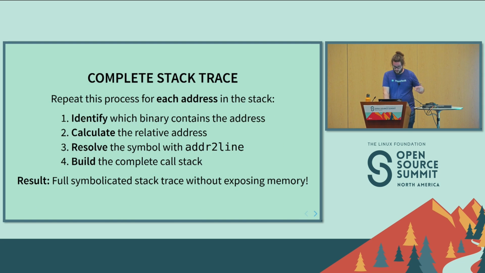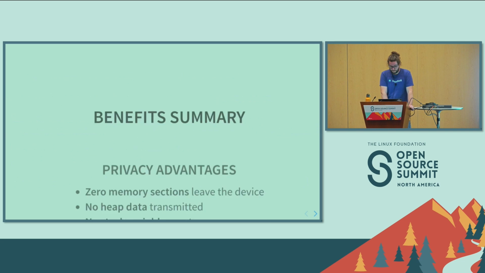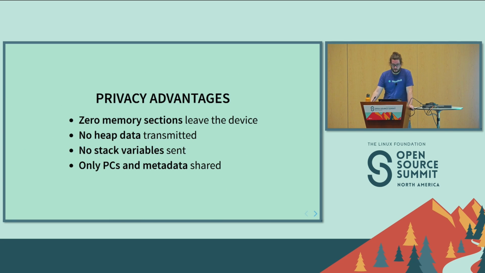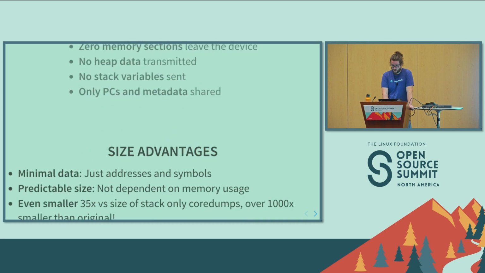So that's just running through again what we get here, but the end result is that we get this full stack trace without sending any memory off the device. So you can guarantee that nothing's left, and it's going to be smaller. As you can see again, nothing leaves the device, no stack variables, nothing is sent off, and it's much smaller.